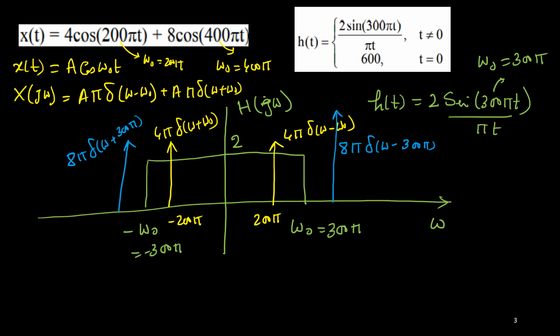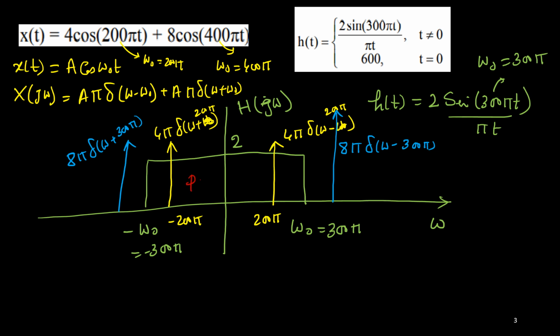So remember here earlier, this is particularly 200 pi, this is again 200 pi, right? So you see the 200 pi signal is within the pass band. So this is your pass band.